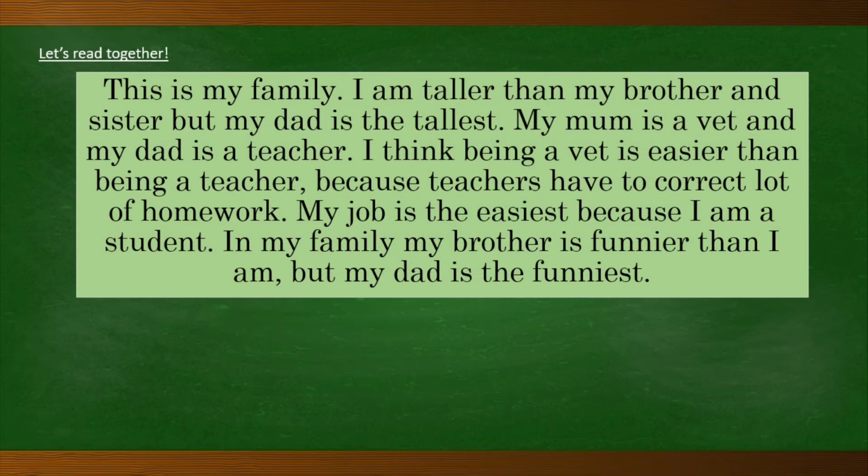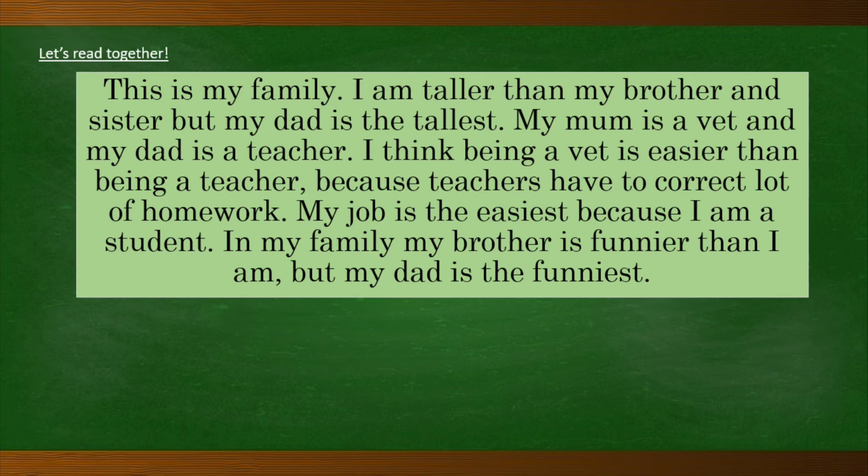Now that you know of comparatives and superlatives, let's read this text together and find the comparatives and superlatives in the text. Ready? Let's read. This is my family. I am taller than my brother and sister, but my dad is the tallest.